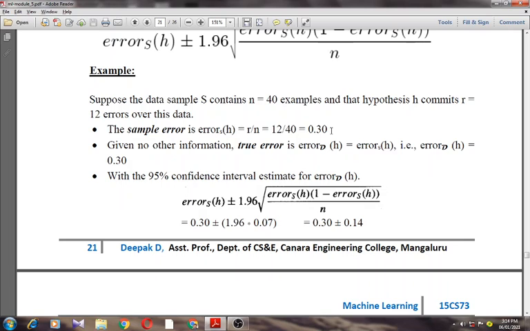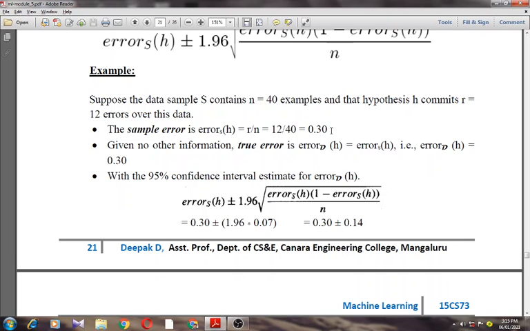In fact, if we repeated this experiment over and over, each time drawing a new sample Si containing 40 new examples, we would find that for approximately 95% of these experiments, the calculated interval would contain the true error. For this reason, we call this interval the 95% confidence interval estimate for error D of H.